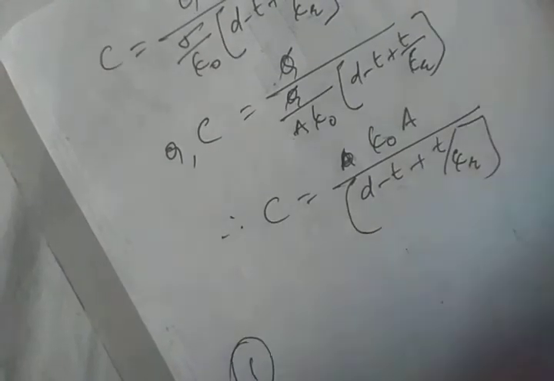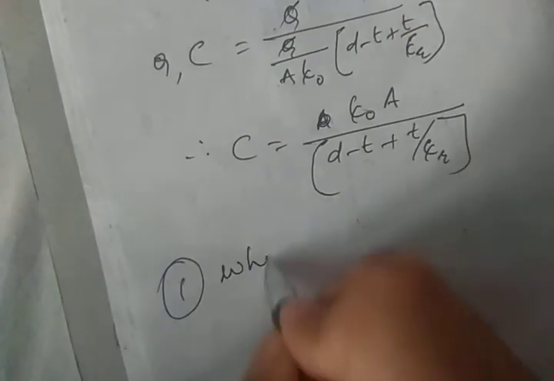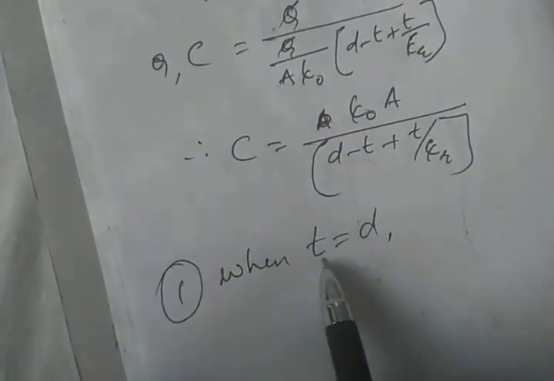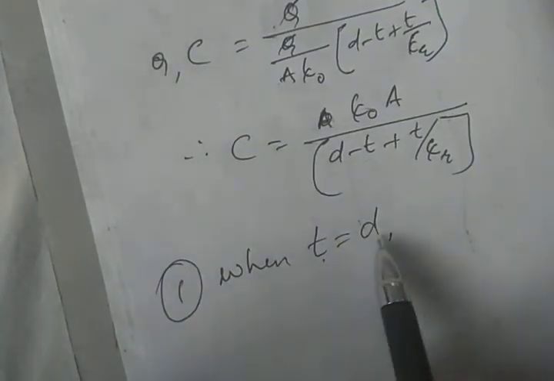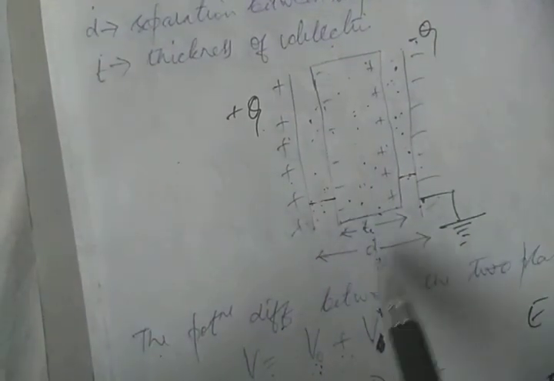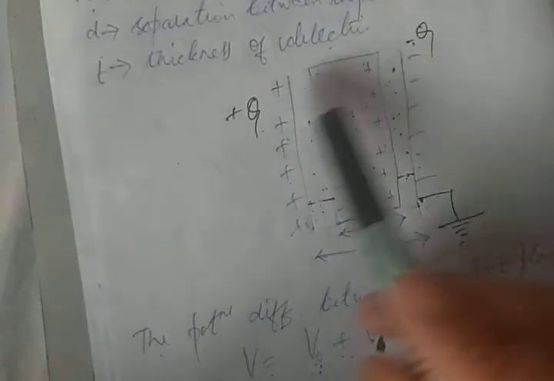Okay, so case 1, different cases we are going to discuss. Case 1, when t is equal to d, that is, the thickness of the dielectric is equal to the separation between the two plates. Or in other words, the dielectric substance is completely filling up the space between the two plates.